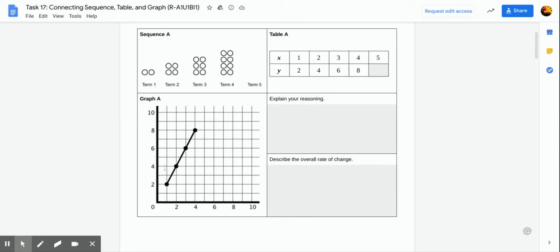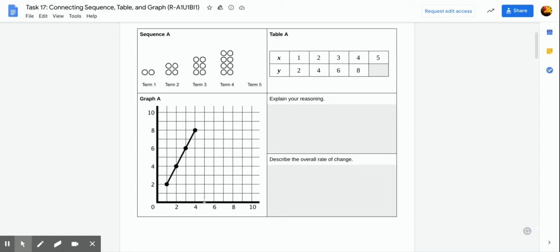Now take a look at Graph A. Graph A is a picture of what's going on with the circles. You can see term 1 has 2 circles, term 2 has 4 circles, term 4 has 8 circles.